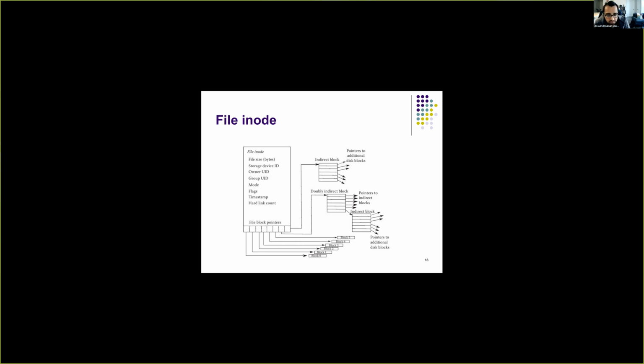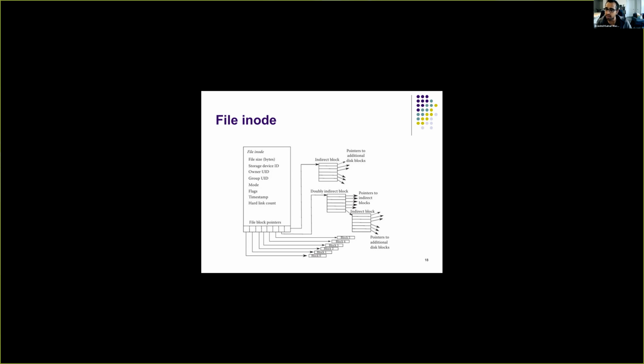Here, as you can see, we have various single blocks like block 0 to block 5. And at the end, we have pointers to an indirect block and then doubly indirect blocks. These provide additional indirection. Imagine you have a file size of, let's say, 4 gigabytes, and each block size is 4K.